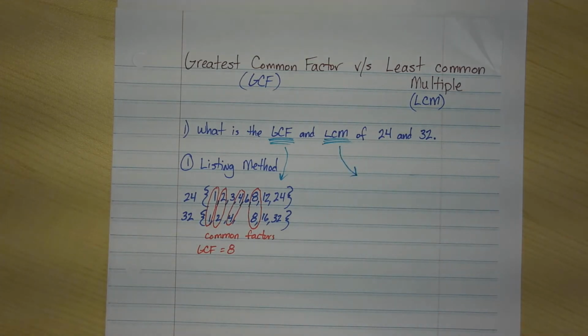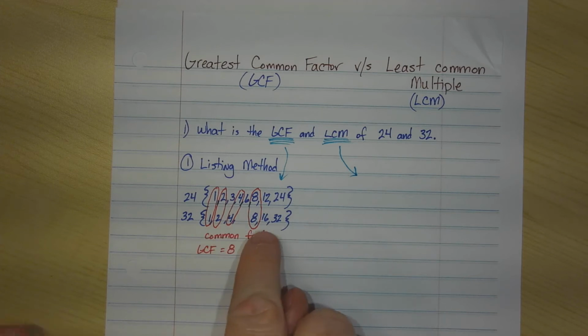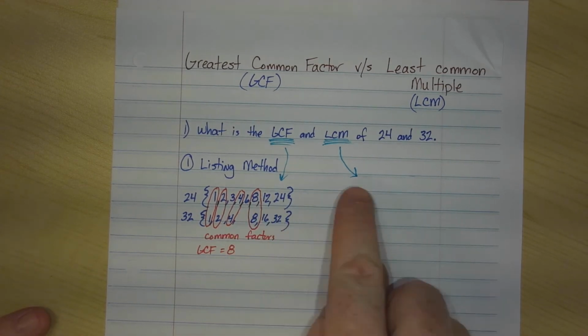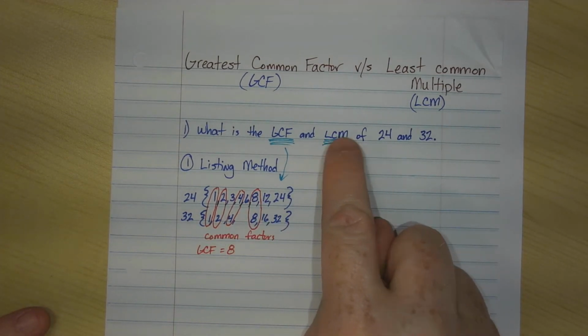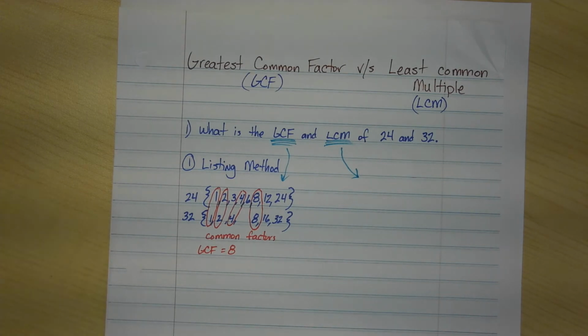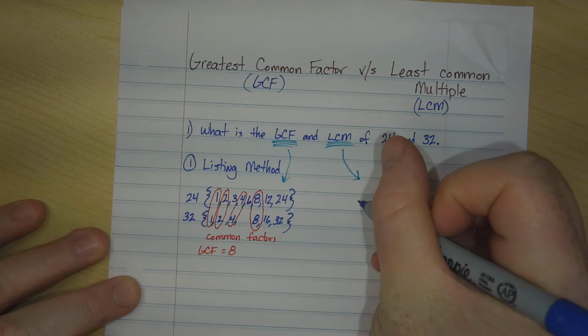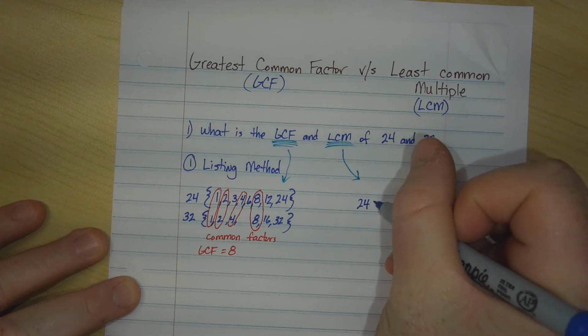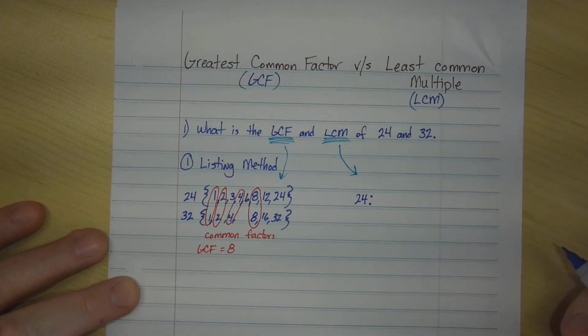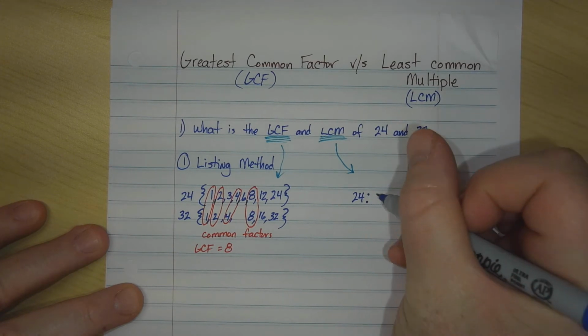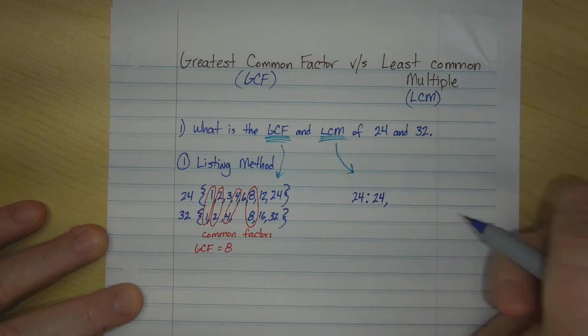Alright, so for greatest common factor, we found the factors of 24 and 32. This is the greatest. Now we're going to talk about least common multiple, again with the listing method. So you're going to take 24, and you're going to think, okay, what is the first multiple of 24? Well, it's 24. 24 times 1 is 24. What's the second multiple of 24?